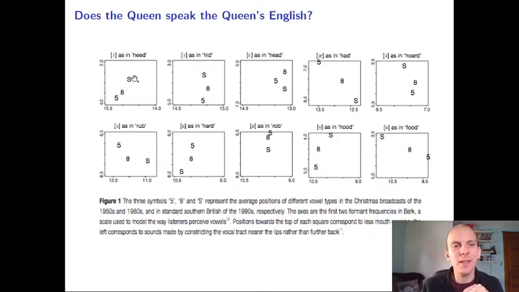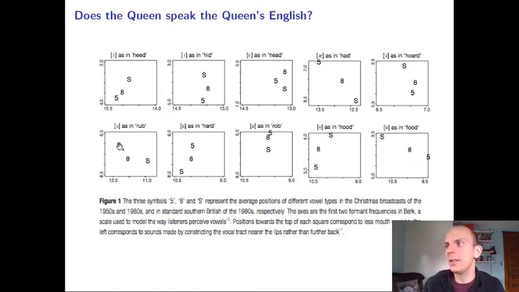What's going on here is that the S's in these graphs are standard Southern British pronunciation. Again, think of our phonology here. The 5 is the Queen's broadcast from the 50s, and the 8 is the Queen's broadcast from the 80s. What you notice pretty consistently across these 10 boxes is that the 8, the Queen's broadcast from the 80s, is closer to the S than the 5 is, right?